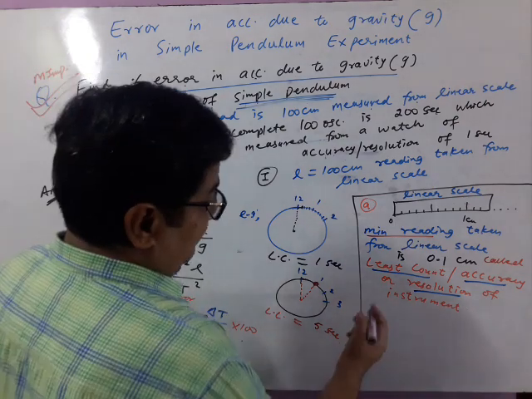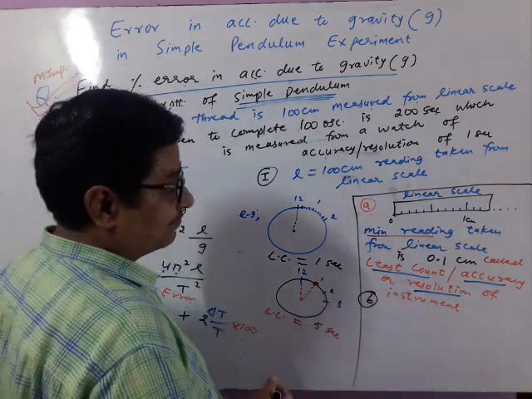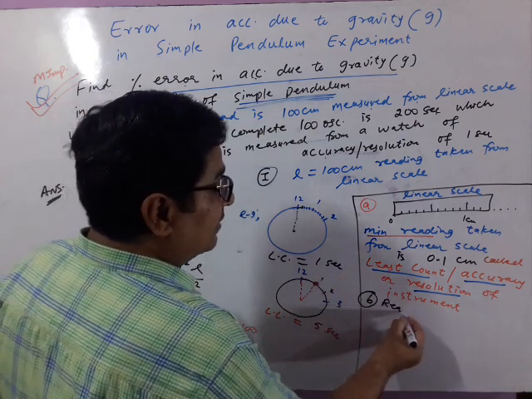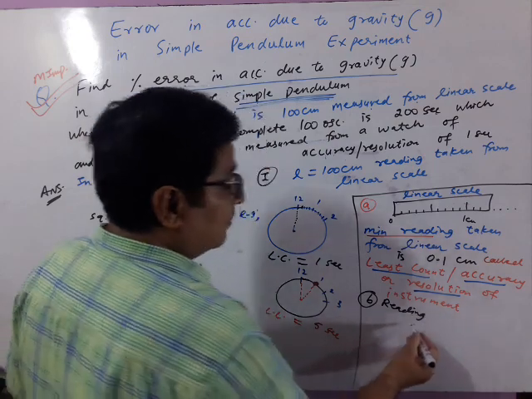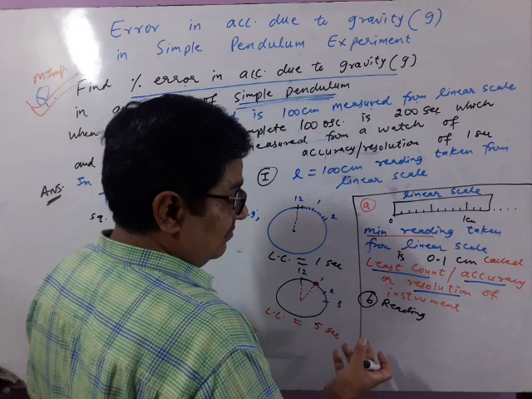So step number B. What is the importance of this least count? Importance of least count is reading from instrument having some error.